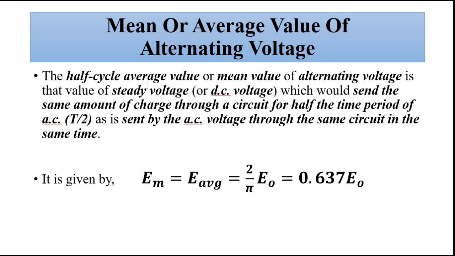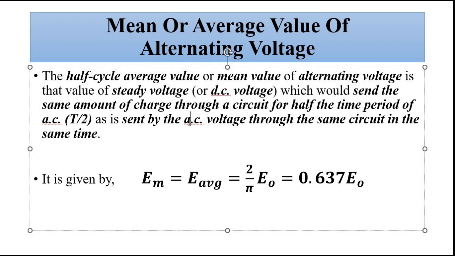The mean value, also called the average value, for a half cycle of alternating voltage is that value of DC voltage, that is steady voltage, which would send the same amount of charge through a circuit for half the time period of AC as is sent by the AC voltage through the same circuit in the same time. Let us try to understand what it says here.